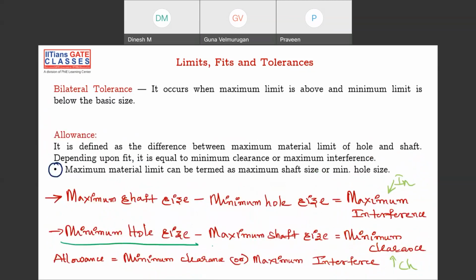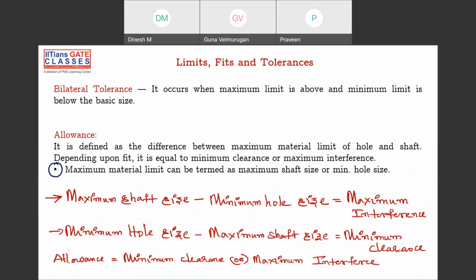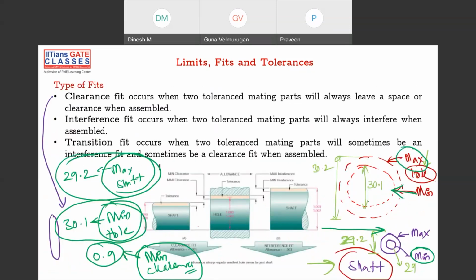Now the doubt is clear. If you flip the terms, it will become maximum interference. In this case, take any dimension of hole and shaft, and there is some clearance left.